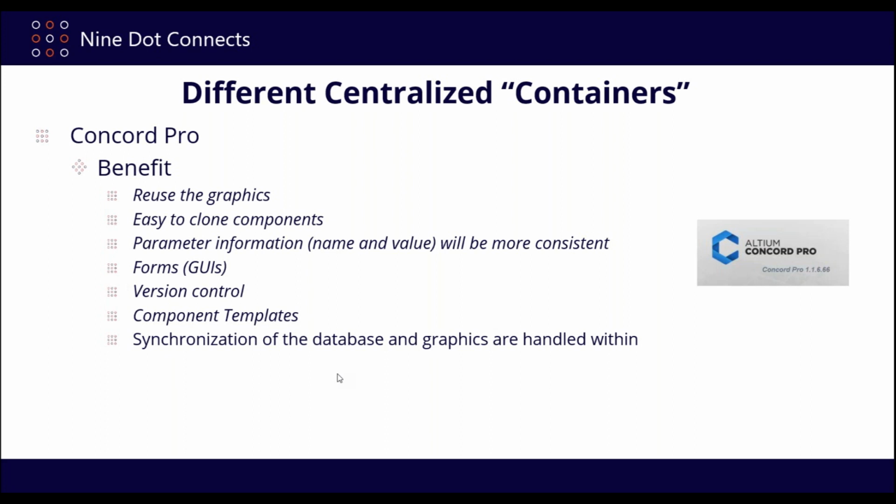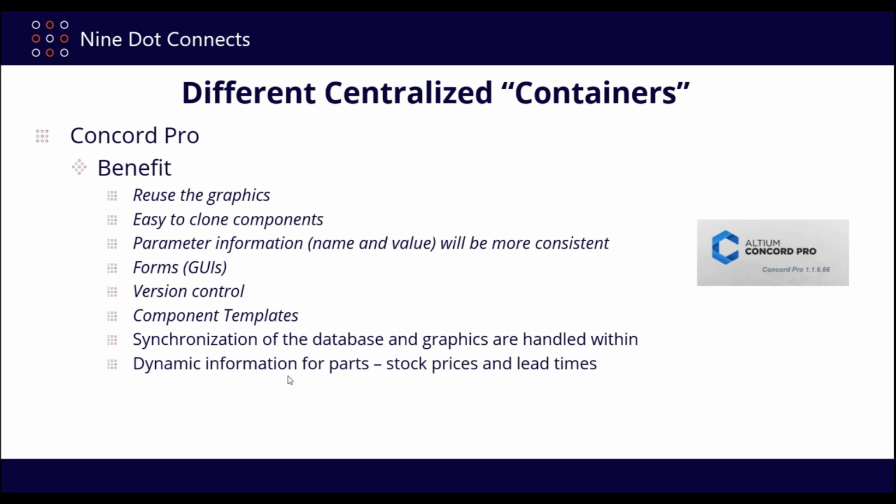Your part is already sitting there in the projects panel. You continue off where you left off, and when you're ready to push it in, then you just release it to the server. And at that point, it will take your symbol and your footprint and the component information, and it will store it accordingly within the system itself. You don't have to worry about that.